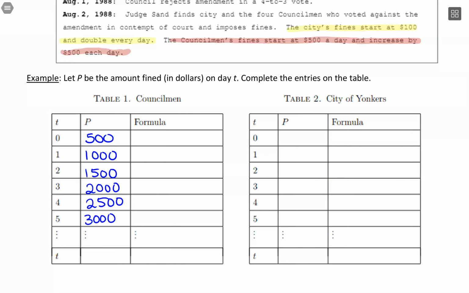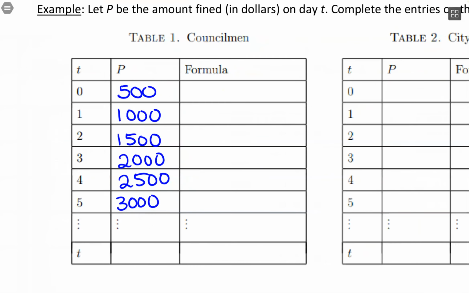So let's think in terms of a formula. On day 0, it's just that initial starting value of $500. Day 1 came from taking that initial $500 and adding on this additional fine of $500.